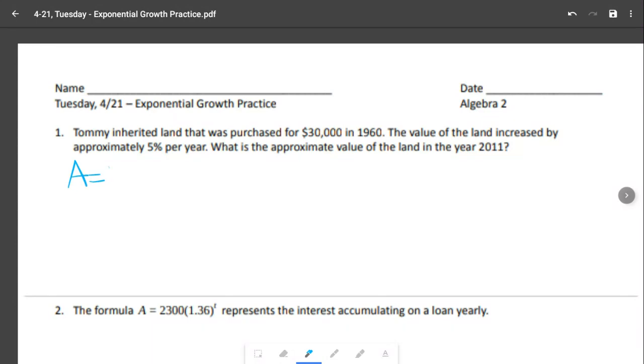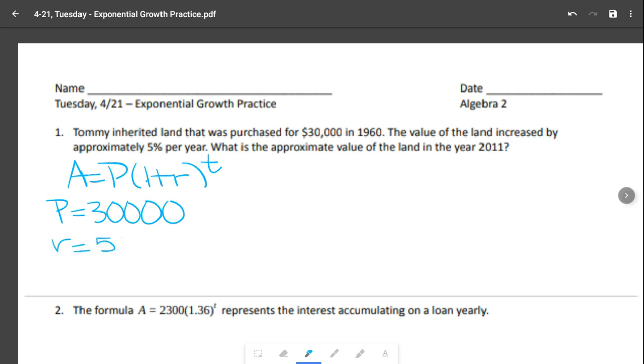So we have our growth formula. We purchased P, the initial amount, for $30,000. R, our rate, is 5%, which we will divide by 100 and get 0.05.